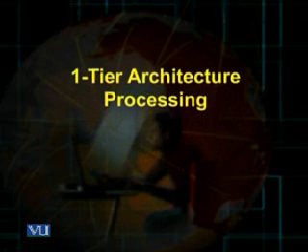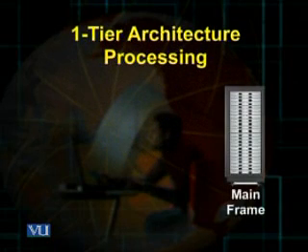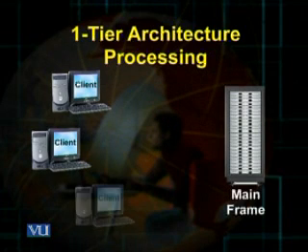So there can be 1-tier architecture, 2-tier, 3-tier, up to n-tier architectures. These are possible. And the example of a 1-tier architecture you can see in the slide. This is a very primitive type of architecture, very old. It is not in fashion these days.